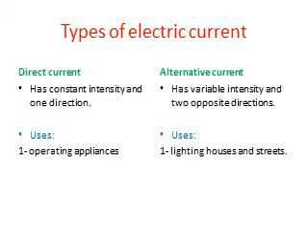And this electric current that is produced by different ways has two types. The first type is called the direct current, and the direct current is produced by electrochemical cells or dry cells or the batteries, and it has certain properties as it has a constant intensity and cannot be transferred to long distances.